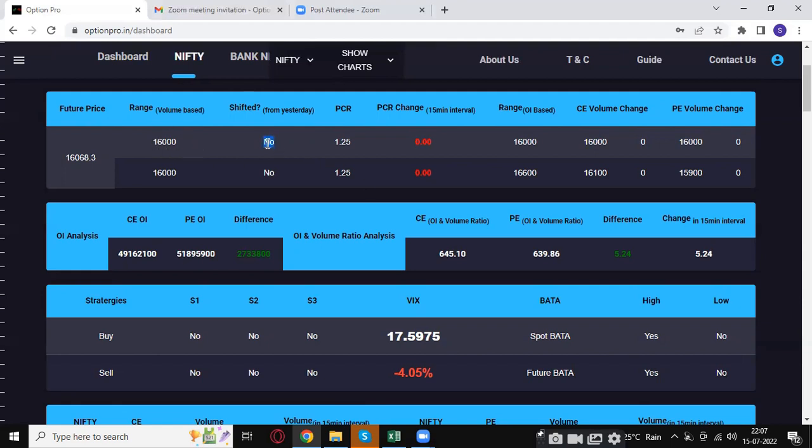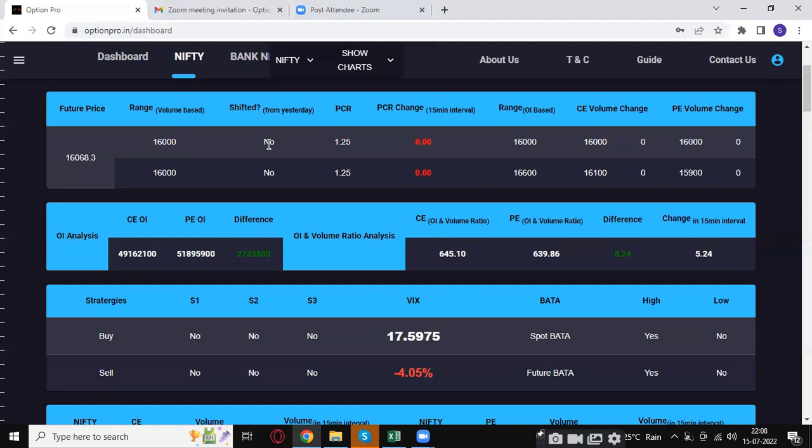So here you can also check, compared to yesterday, what was the end-of-day range of that particular stock or Nifty or Bank Nifty, and whether it has shifted or not. If it has shifted upside, then Nifty can be positive because it shifted upside.